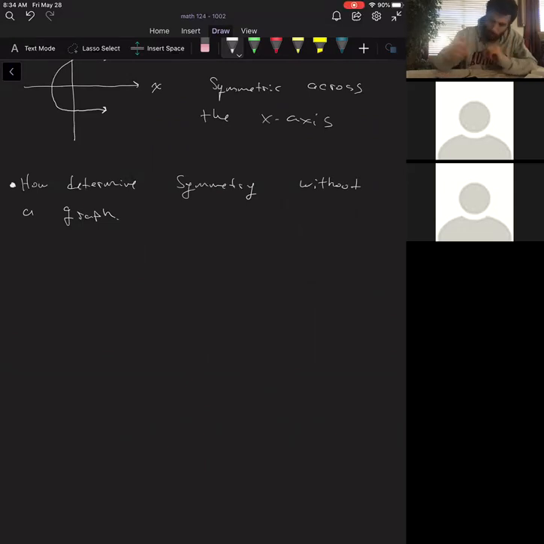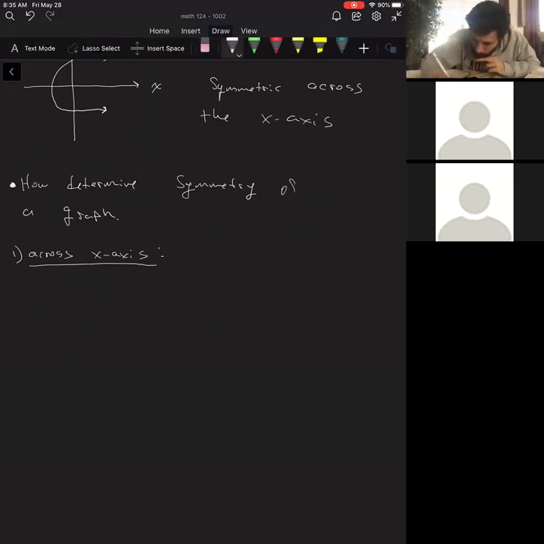So let's talk about across the x-axis first. Let's say we're talking about the function f of x. So, how to determine symmetry of f of x without a graph.